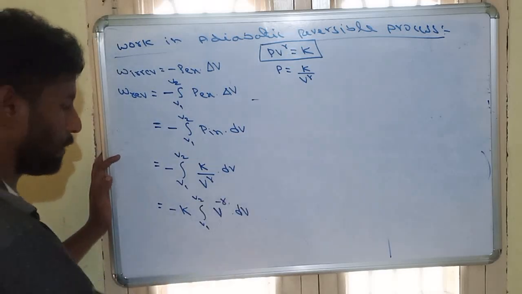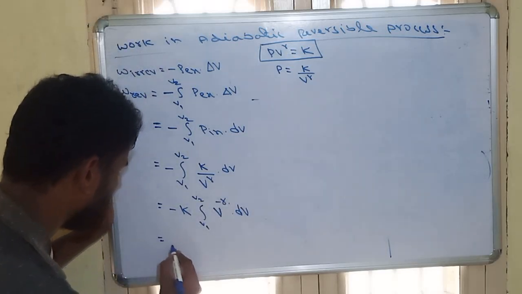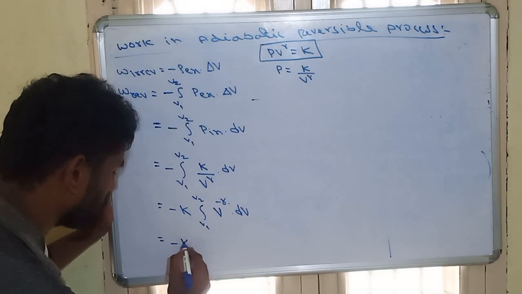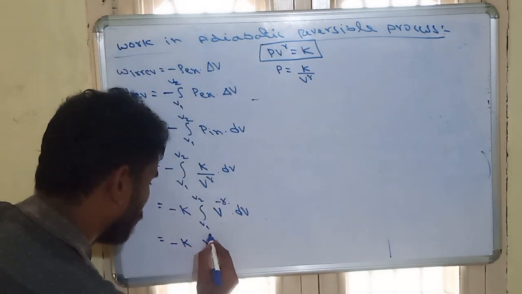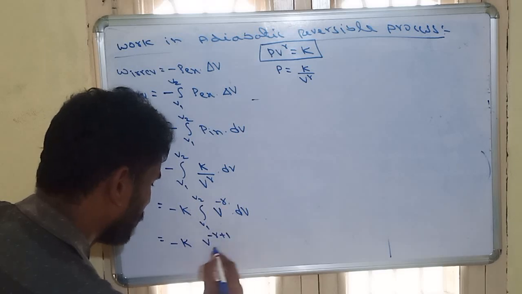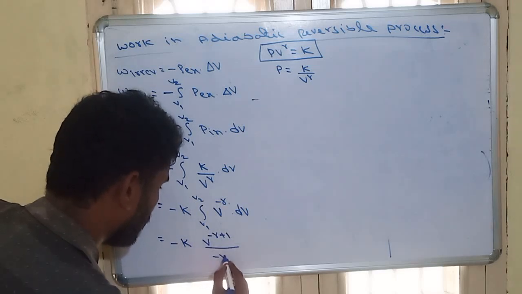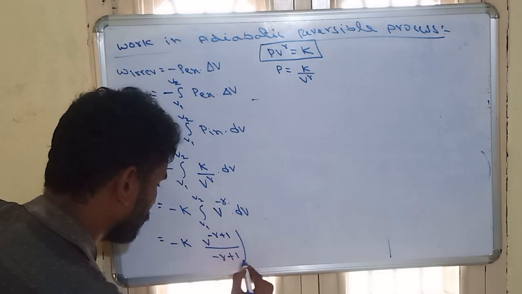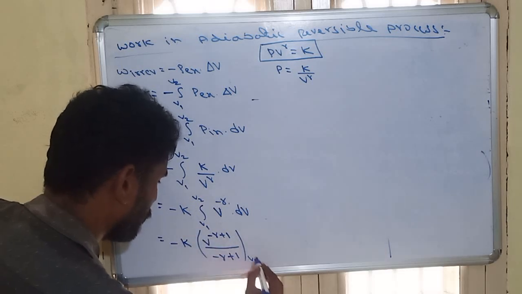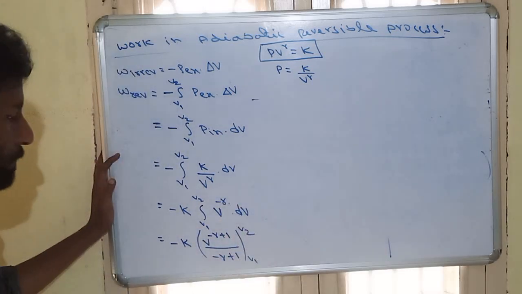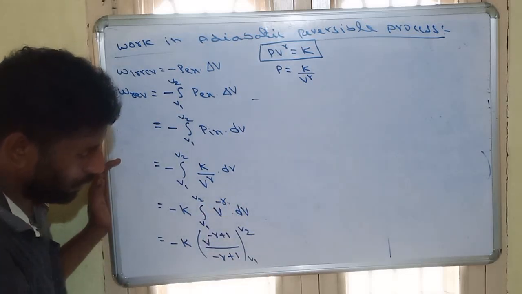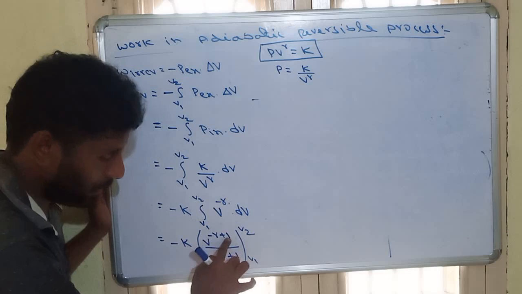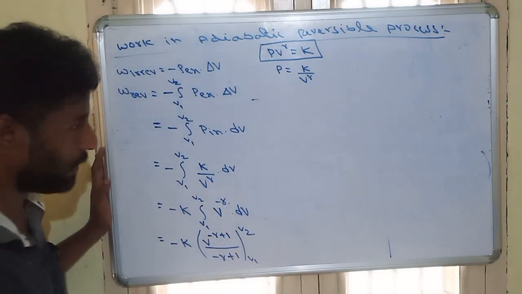So the integration formula for V^(-gamma) will be minus K into V^(-gamma+1) divided by (-gamma+1), from V1 to V2. That is the integration formula: the integral of V^(-gamma) dV is equal to V^(-gamma+1) divided by (-gamma+1).